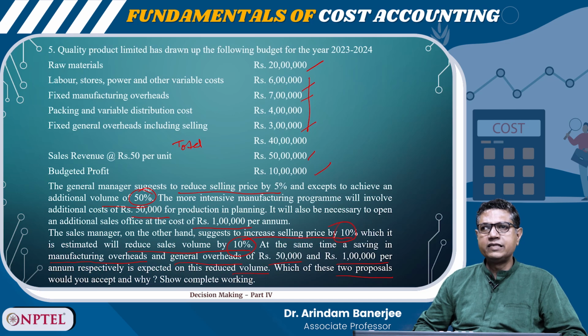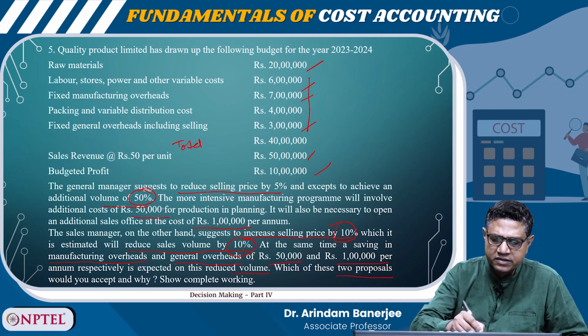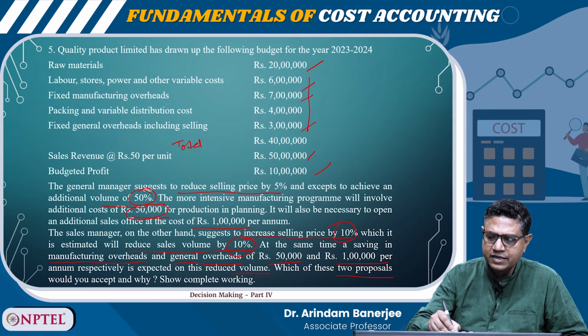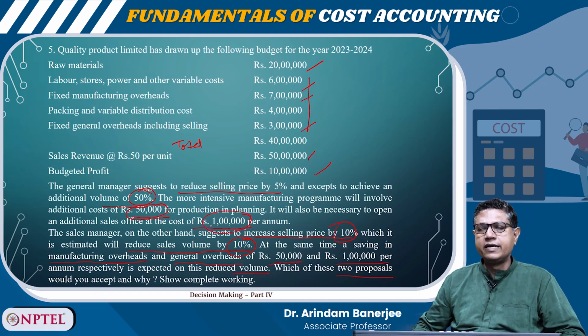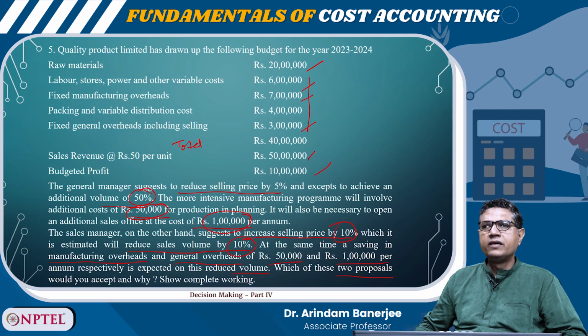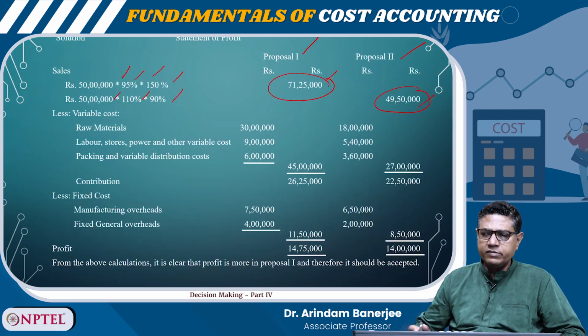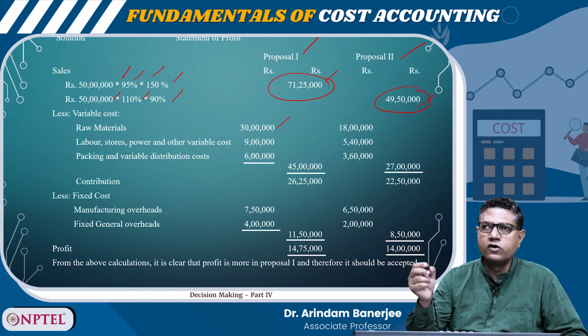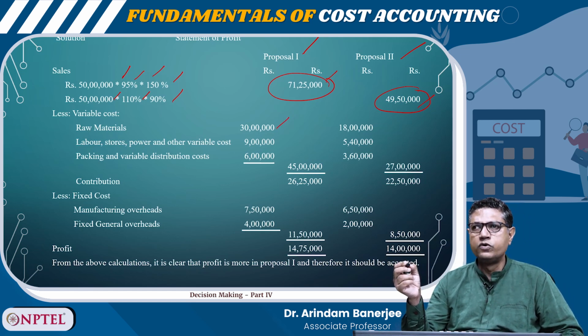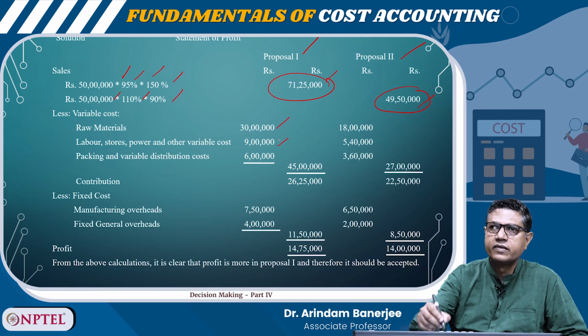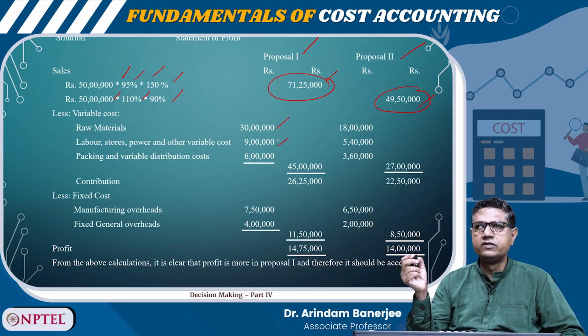These two are additional costs, 50,000 for production in planning and 1 lakh to open an additional sales office. Additional sales office is required because volume is increasing. So, variable cost 30 lakh raw material, labor, stores, etc. 9 lakh, packing and variable distribution cost 6 lakh.